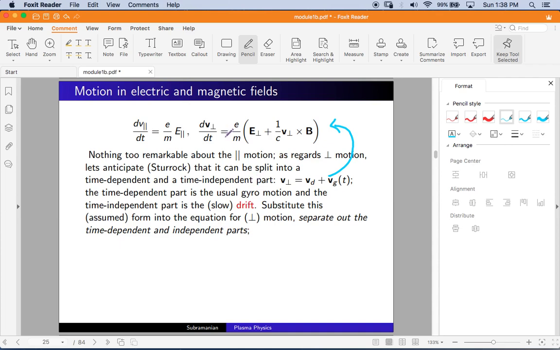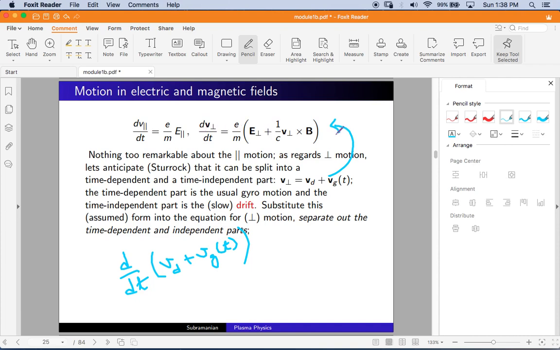So for instance here, when you write d over dt of V perpendicular, it would be Vd plus Vgt, and because Vd is time independent, its derivative goes to 0. So you only have d over dt of Vgt on the left hand side, and similarly on the right.